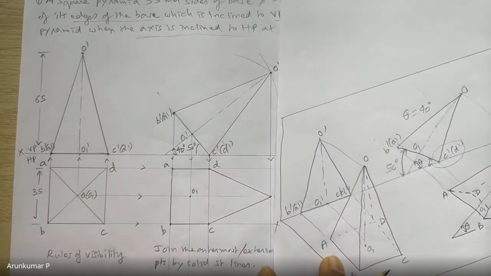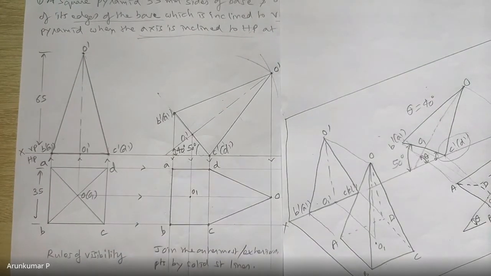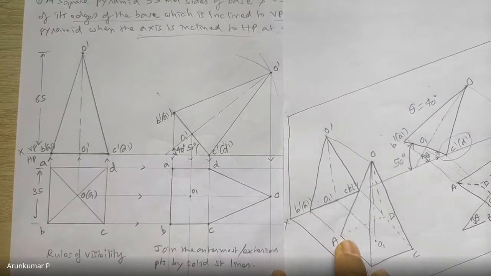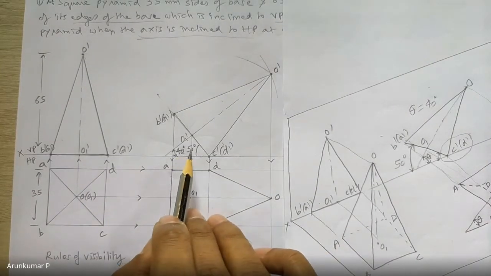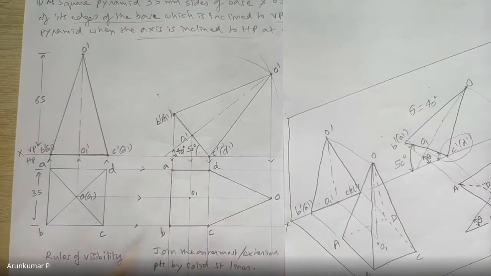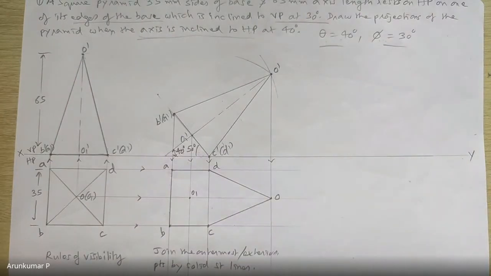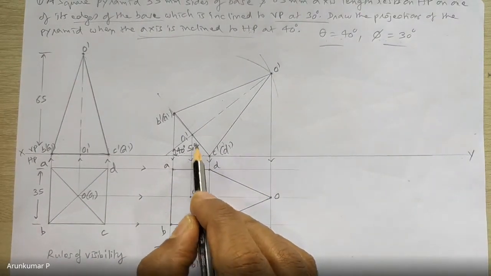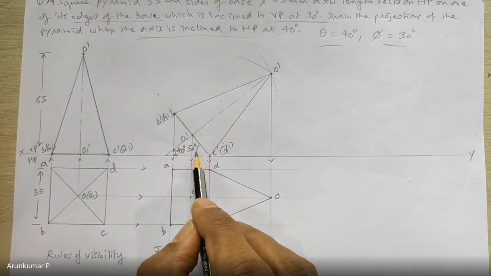So here also, some thumb rules of visibility will help you. For example, the next rule is fairly simple. If the inclination of the base is less than 90 degrees, then the base will not be seen in the top view. What is the inclination of the base to HP? 50 degrees.